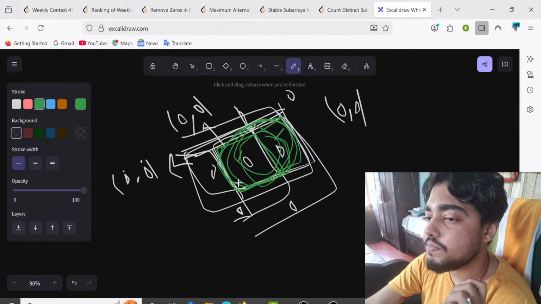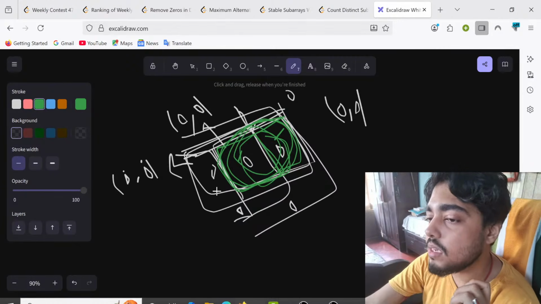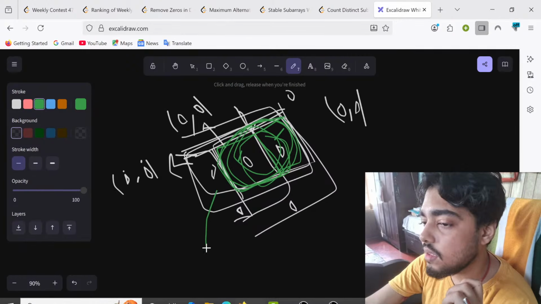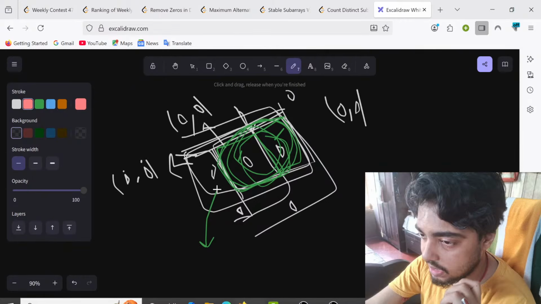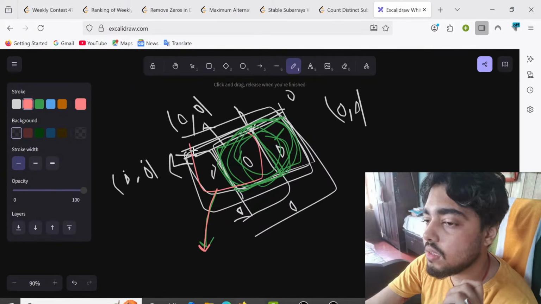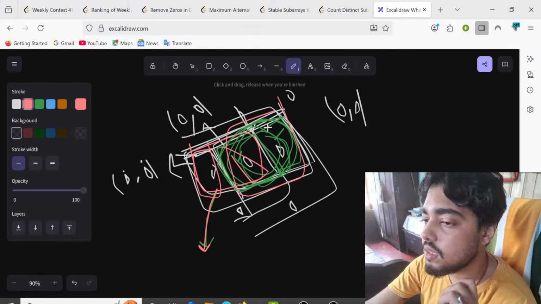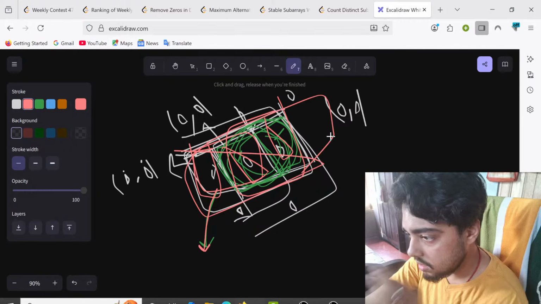Which means, let's take this example only, 0, 0, 0. How many subarrays is this going to have? Ideally, by the definition of subarrays, one will be this, one will be this, one will be this, this, and one will be the whole thing.